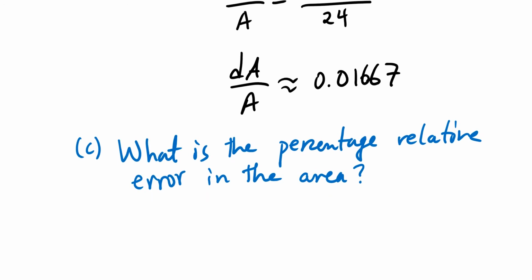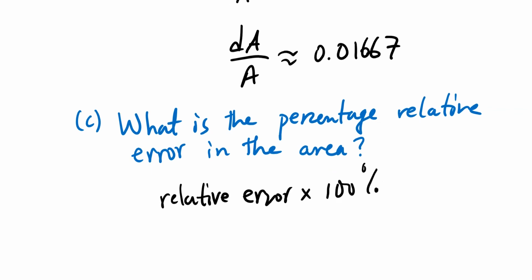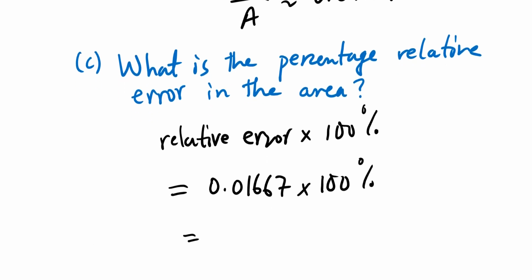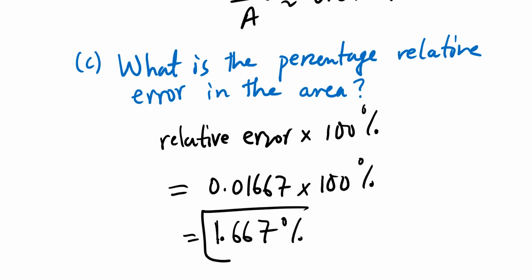So all we have to do is take the relative error that we just found times 100%. So what was this? 0.01667 from the previous part times 100%. When you multiply by 100, that moves the decimal point to the right 2 steps, becomes 1.667%. That would be the percentage relative error.